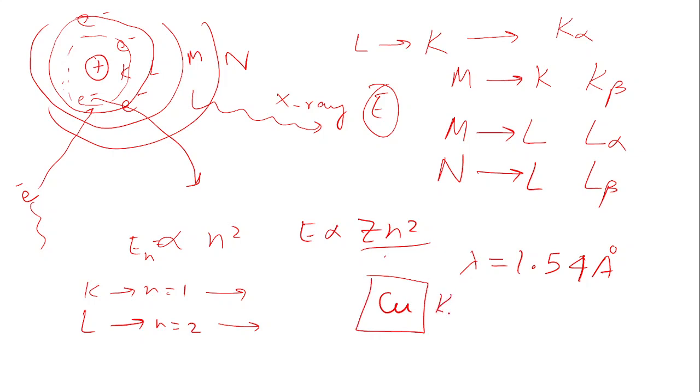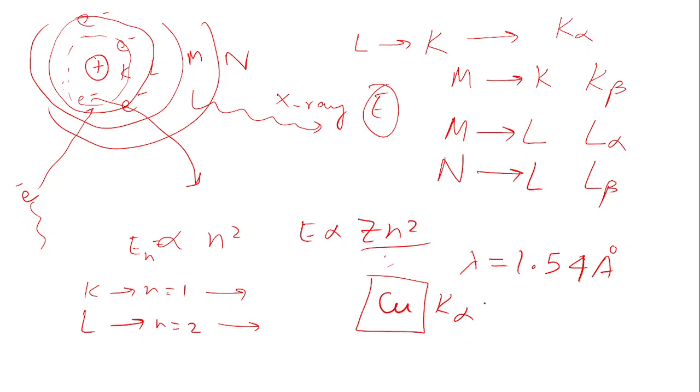So we also call it copper K alpha, because when we use the copper element and electrons are kicked out from the K shell, then L shell electrons fill that vacancy, and as a result some energy is emitted in the form of an electromagnetic wave, because the range of wavelength is this, so it's an X-ray electromagnetic wave, and we call it copper K alpha.